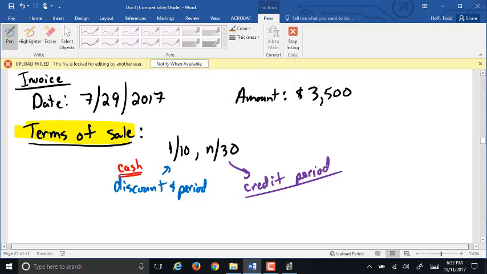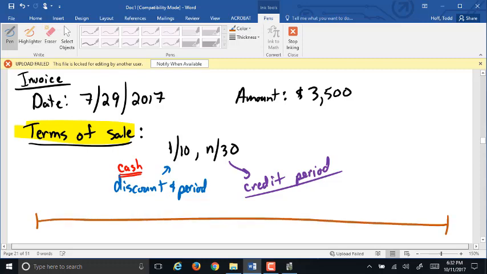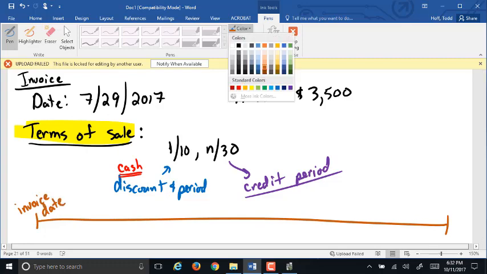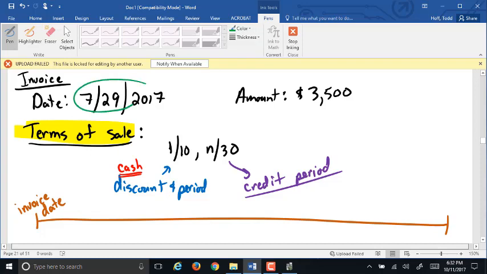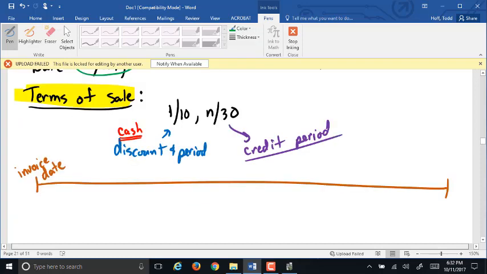So I'm going to set up a timeline here. The beginning of my timeline is the invoice date. What is that here? 7/29. July 29th.